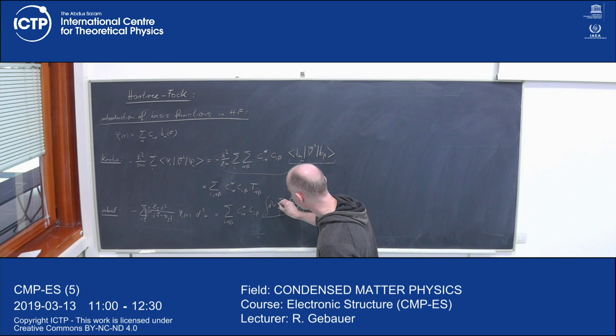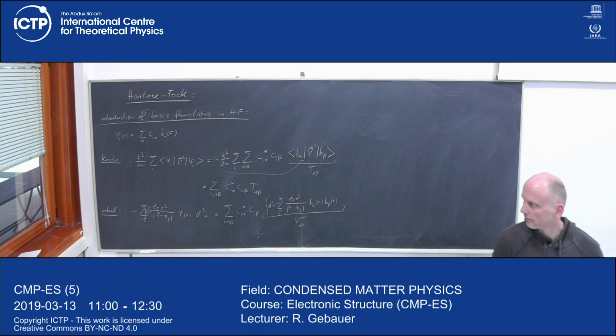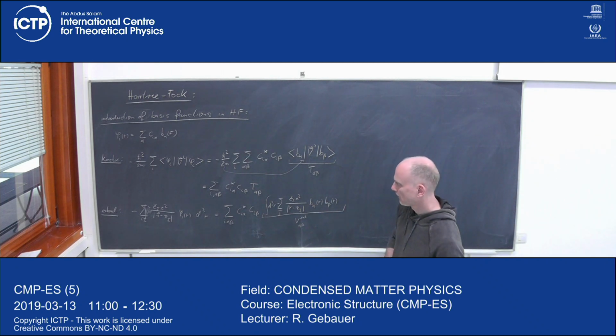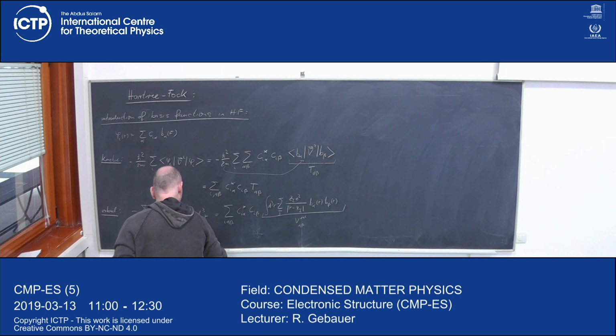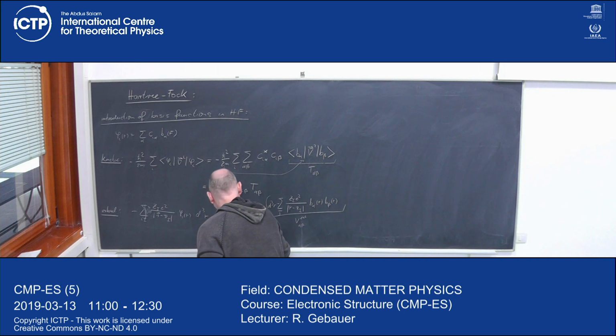This is minus sign, and I call this V_x alpha beta. So here I find that this is sum over i, alpha and beta, C_i alpha, C_i beta, V_x.